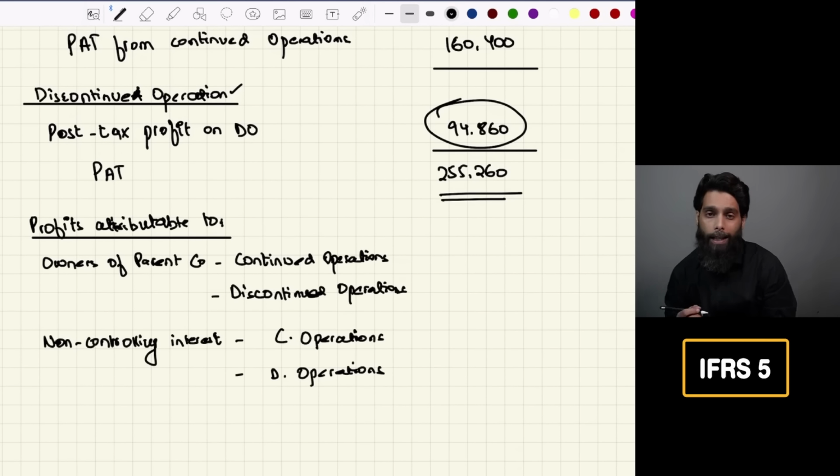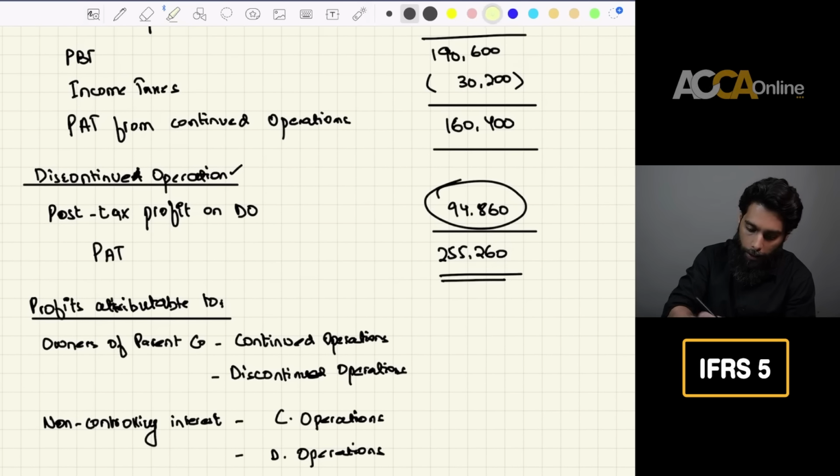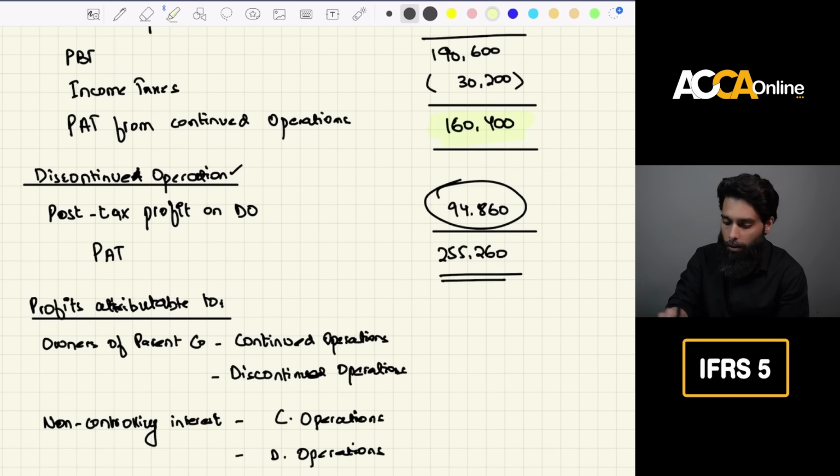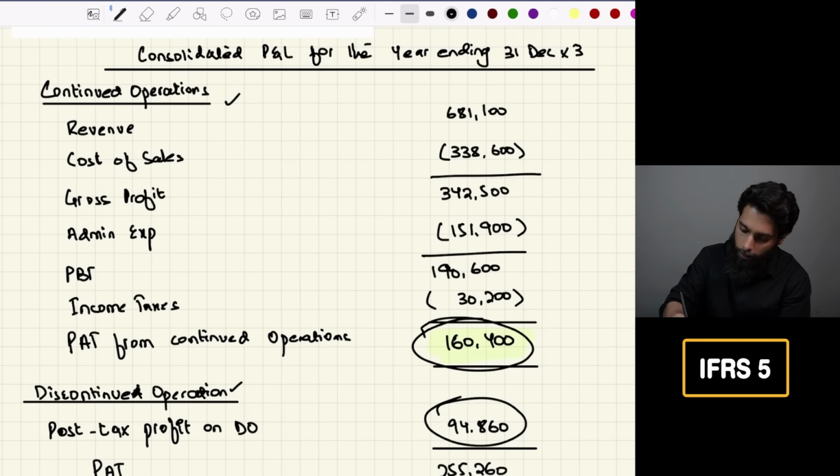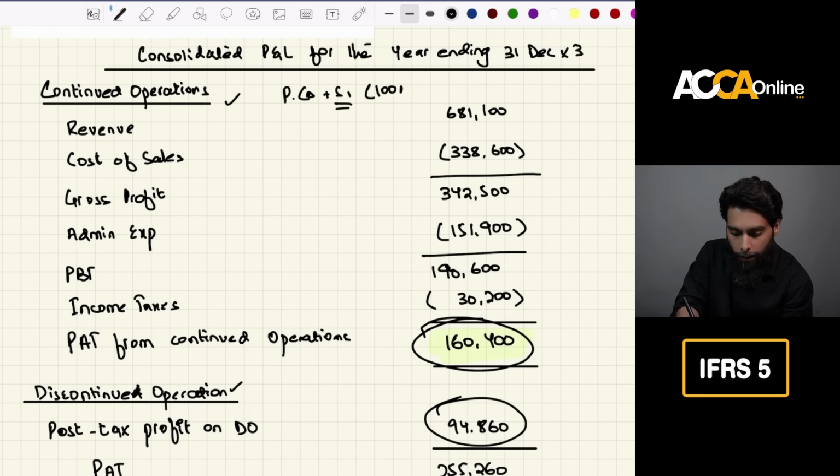So when you talk about continuing operations first, the profit after tax from continued operations was 160,400. And technically speaking, we arrived at this 160,400 while we were only consolidating parent company and S1. Now remember, S1 was fully owned by us. We had 100% holding in that company.